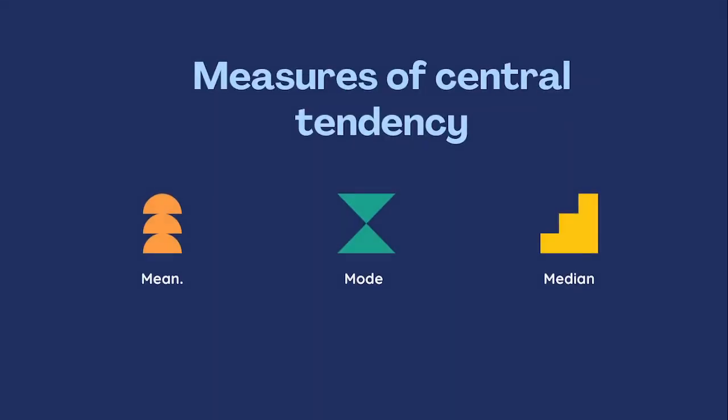Now next, whichever data we calculate, this data has a tendency that we take the center one, or all the data is around the center one. This is the center and then all the data you will find around this only. Let's take one example. If I ask you, what is your favorite color?